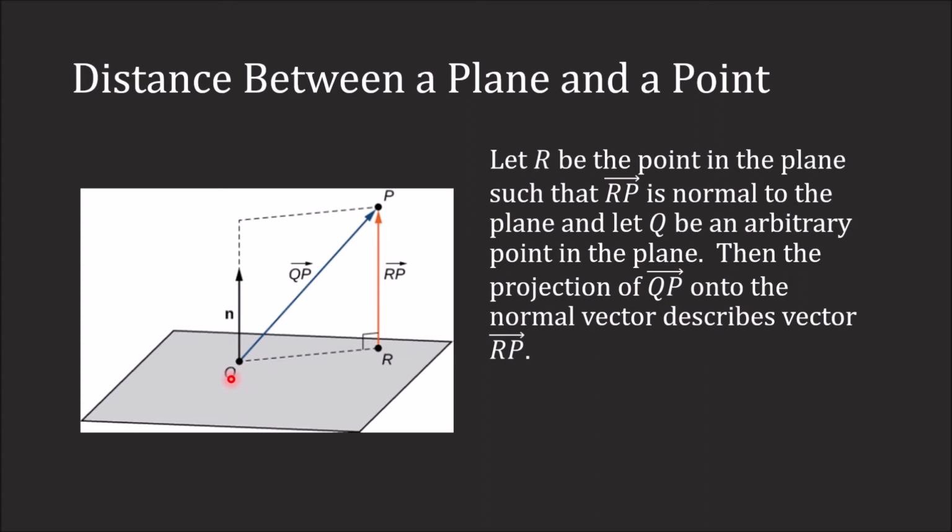Well, then, the projection of the directed line segment QP onto the normal vector describes the vector RP. Which means that the distance, which is the length of RP, can be described by the vector QP.